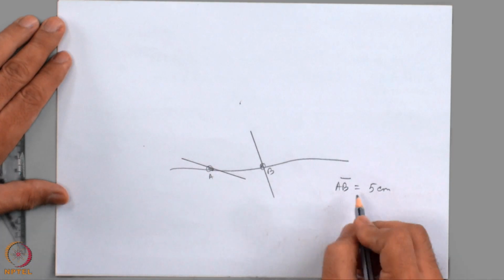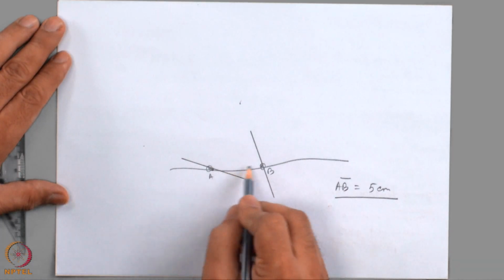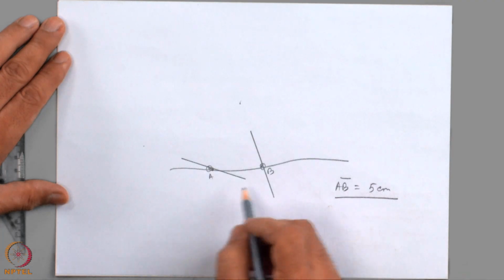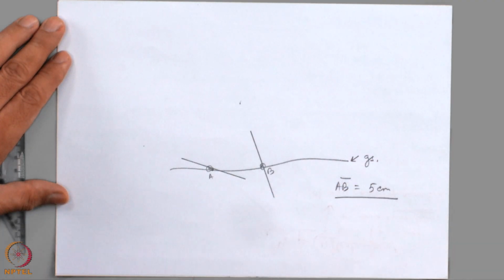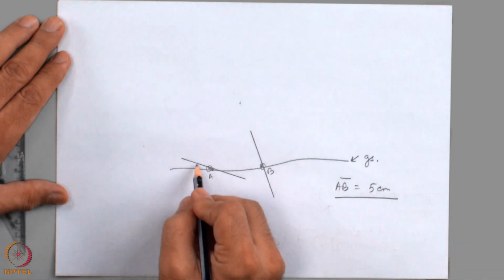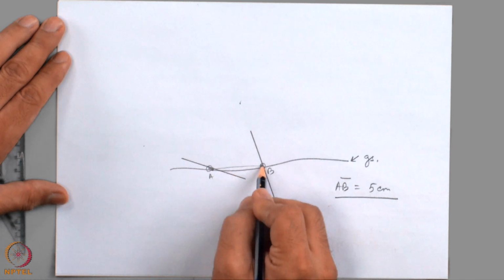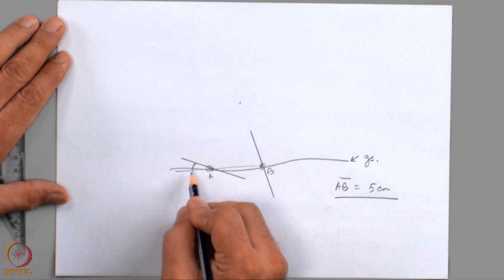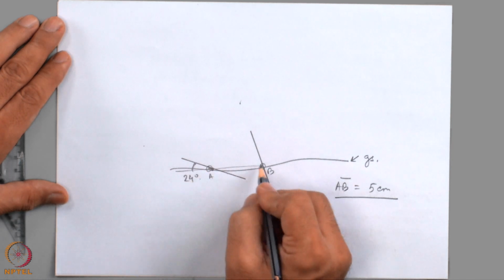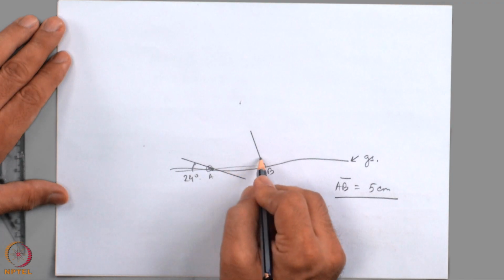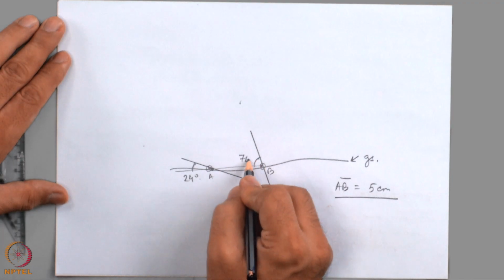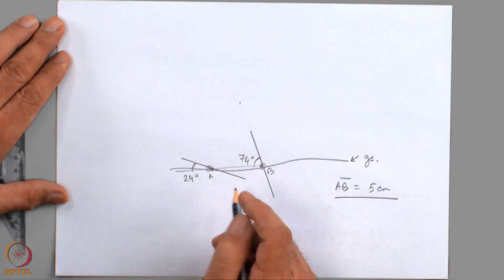Take this case where the AB length, if I join by a straight line, is 5 centimeters, on a ground surface which is non-horizontal, and this angle, if I join it and extend, is say 24 degrees and this angle say 74 degrees, for the lithological contacts.